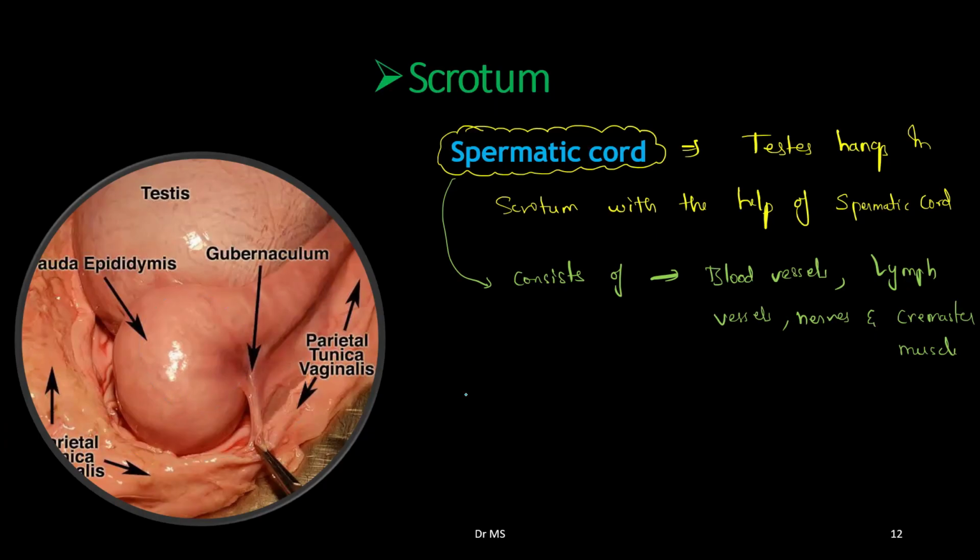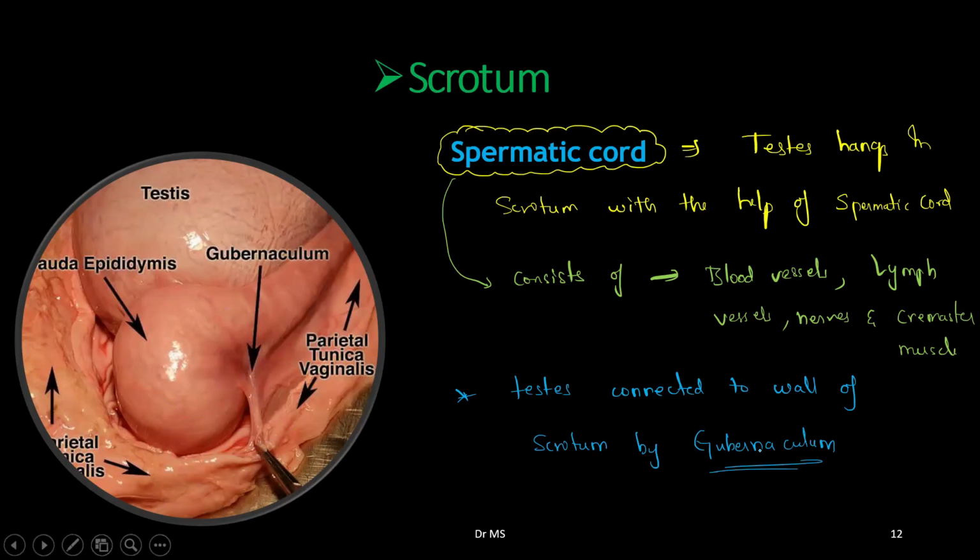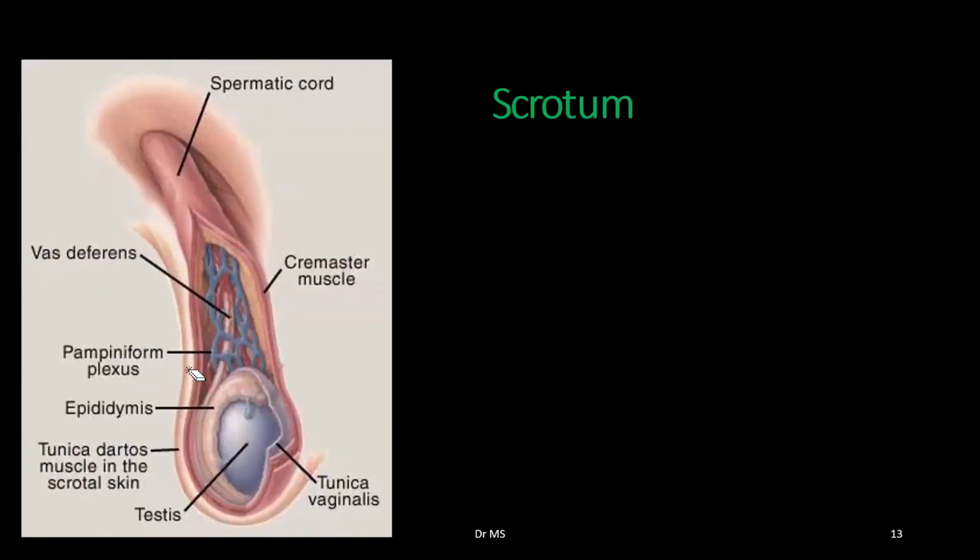So remember, the testis is connected to the wall of the scrotum by the gubernaculum. This is very important. You can see here the spermatic cord, where the blood vessels, nerves, lymphatic vessels, and cremaster muscles are present.